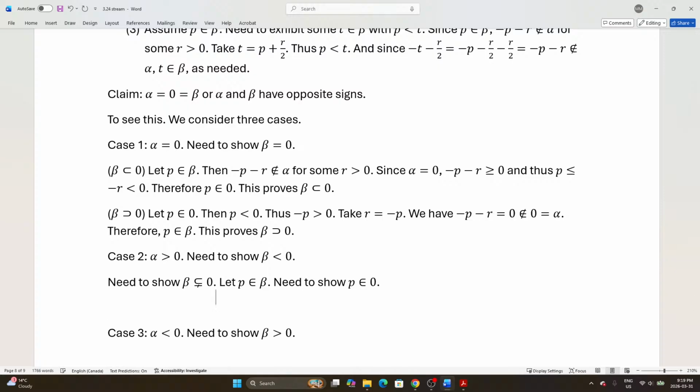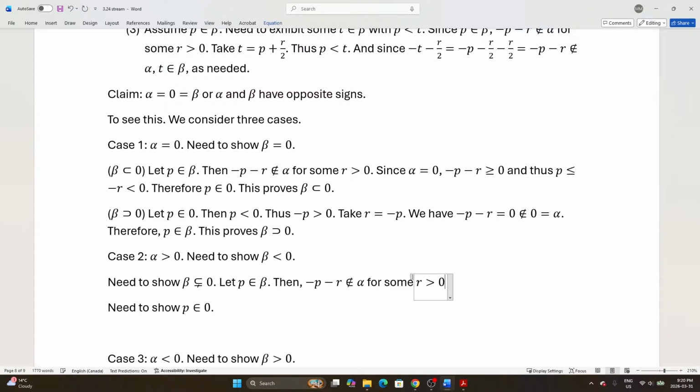So let P be in beta, then minus P minus R is greater or equal to 0 for some R greater than 0. That follows from the assumption.